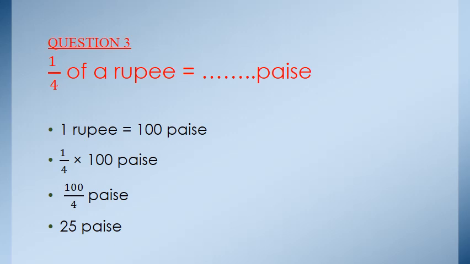On multiplying this fraction with the whole number, we got the fraction as 100 upon 4 paise. Now reducing this fraction, our answer came out to be 25 paise. So 1 by 4 of a rupee is equal to 25 paise.